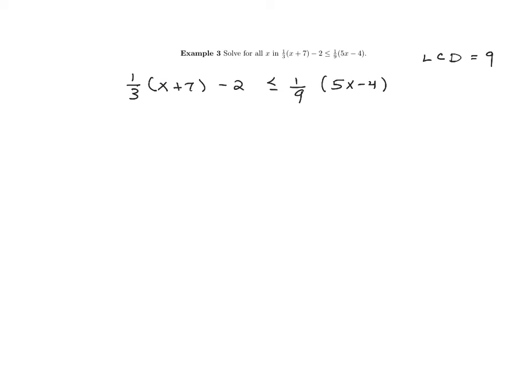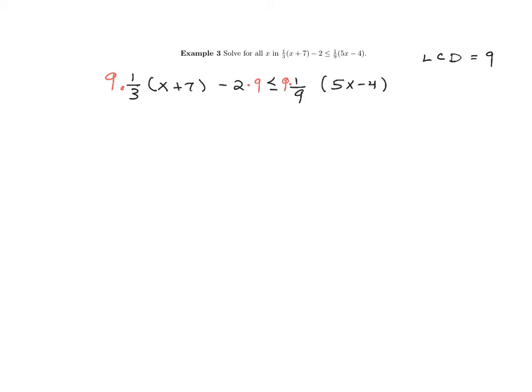So I'm going to take each term and multiply it by 3. Or sorry, that's not correct. It should be 9 multiplied to every single term.